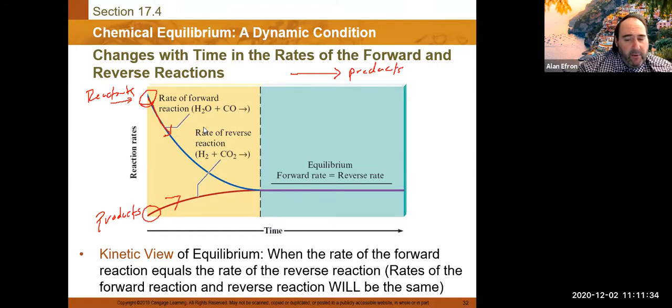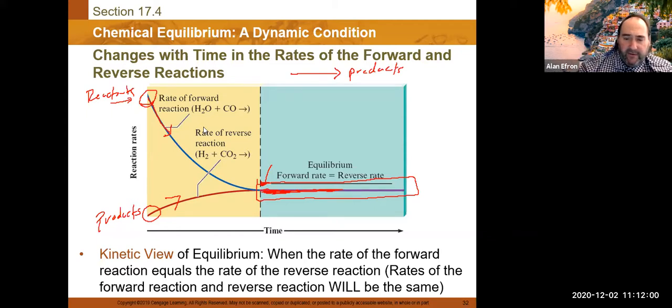And at some point, they're all going to plateau out at this line here. This is the point where chemical equilibrium has been reached. Basically, the rate of the forward reaction will equal the rate of the reverse reaction. The way you can recognize that is, this is the plateau line. It's flattened out, which implies that neither concentration is changing.